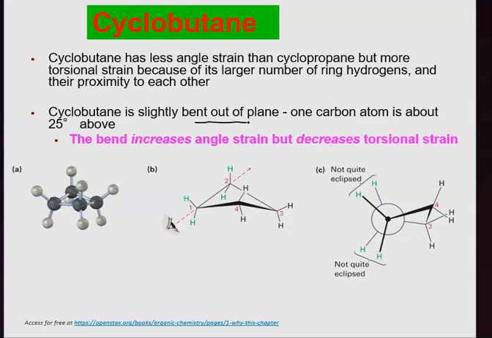It is slightly bent out of plane, and this is what we call puckering, and this results in the hydrogen atoms not really being eclipsed but slightly staggered, right? So that reduces the torsional strain, and therefore cyclobutane has a little bit less strain than cyclopropane.